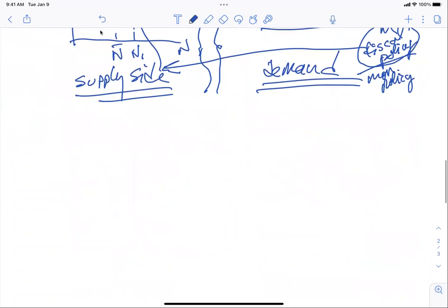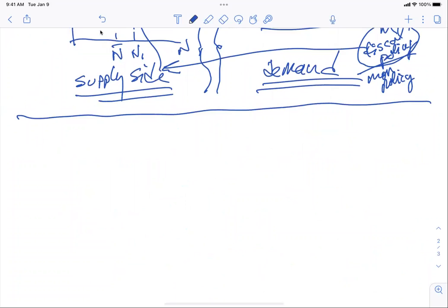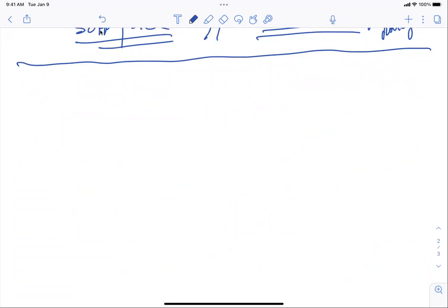So let's look at an example to see if this makes it clear. Here's the scenario. There are really only a few specific questions I can ask, actually.